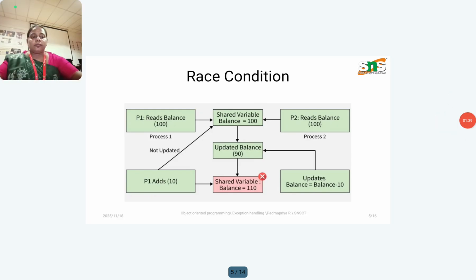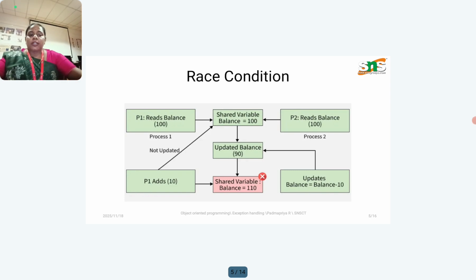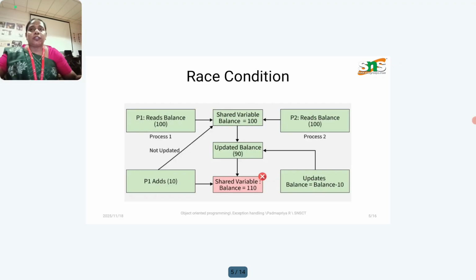So this is considered a race condition. If we take process 1 and process 2, process 1 reads a balance of 100 rupees, and process 2 also reads the balance, for example through another channel like internet banking or mobile banking. P1 accesses the balance by net banking, and P2 accesses the same account by mobile banking at the same time.